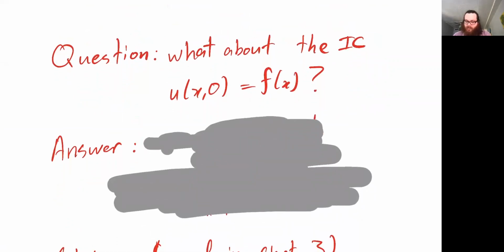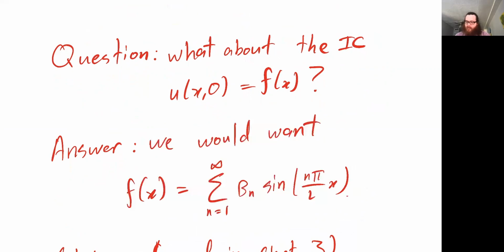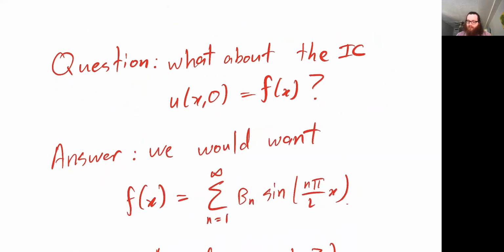So what if our initial condition is some general function that's not necessarily given as this sum? Then the question is, how do we go about matching up these initial conditions? Maybe one way to recast the question is, what if f is equal to this thing exactly?